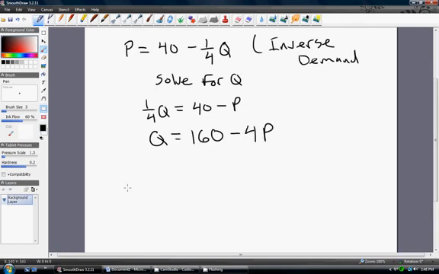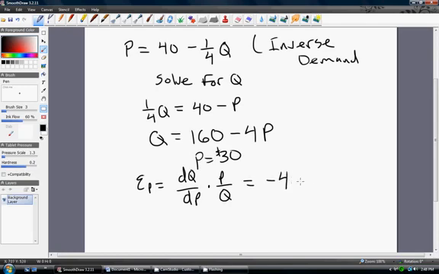Now let's go ahead and solve for the price elasticity of demand. The first thing we need is to calculate it at some price or quantity. So let's calculate this at, say, price equals $30. If P is 30, what is the price elasticity of demand? Okay, so we're going to get our coefficient here in front of the P term, minus 4. Going to multiply that by 30. We need to figure out what Q is when P is 30.